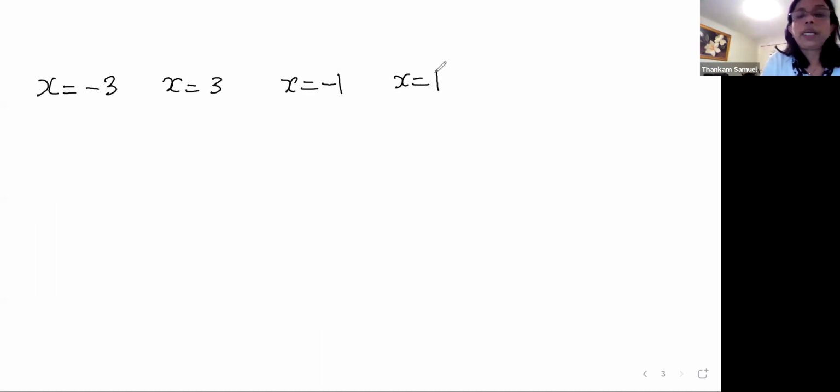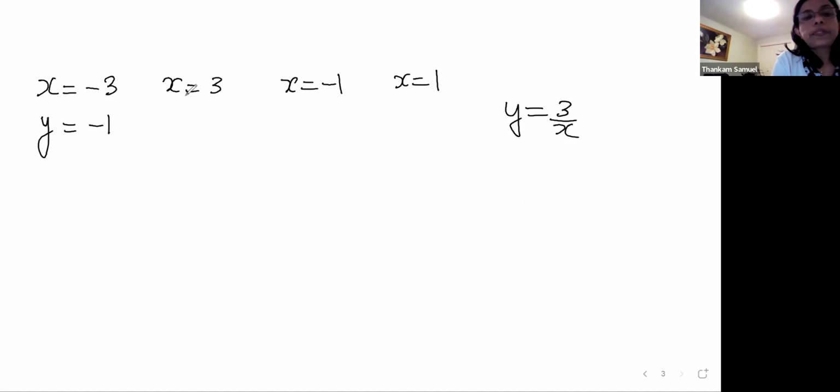So we have the equation y equals 3 over x. When you substitute x as negative 3, you'll get the value of y as negative 1. When we substitute x as 3, we'll get y as 1. And when x equals negative 1, y equals negative 3. When x equals 1, y equals 3.